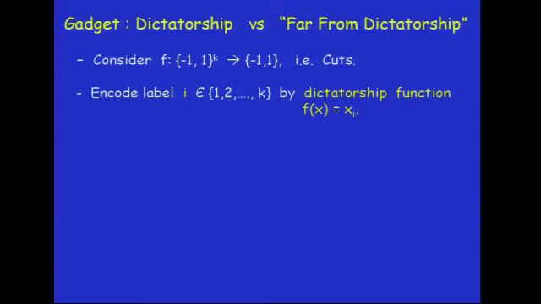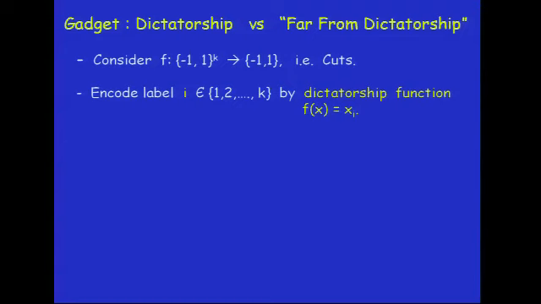We will be interested in cuts on the hypercube, and a cut on a hypercube is simply a Boolean function. The graph is plus minus 1 to the k, and a cut in this graph is simply a plus minus 1 valued function on this graph. So we'll be interested in Boolean functions on the hypercube and their Fourier properties.